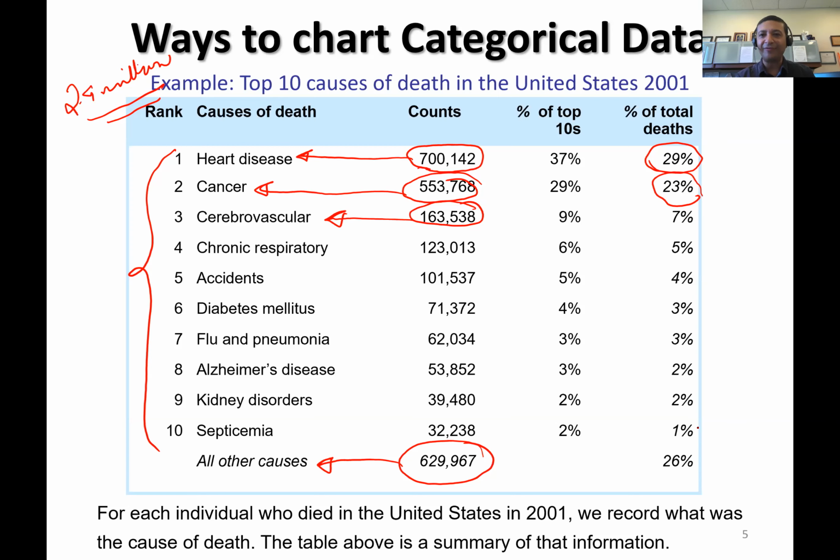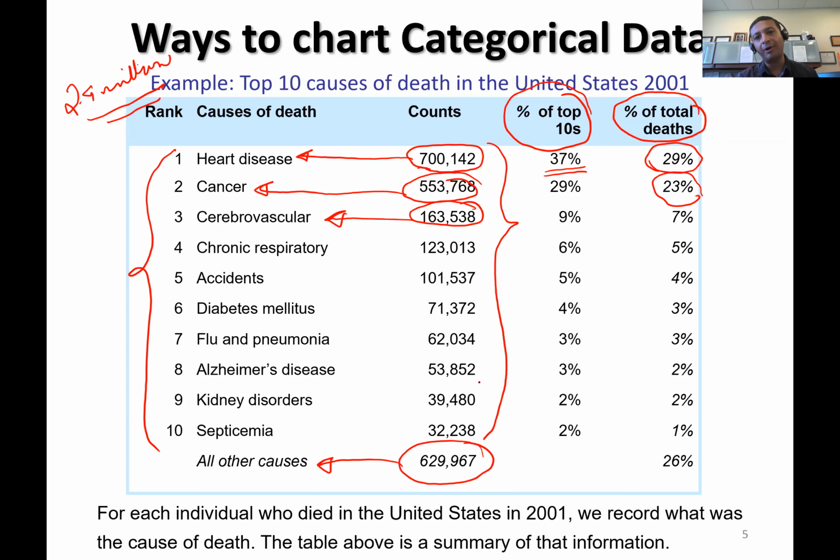So there is a distinct difference between these final two columns. The first one talks about percent of top 10s. The second one talks about percent of total deaths. And they are different. The percent of top 10s essentially creates a percentage based off of the total count of the top 10 only.